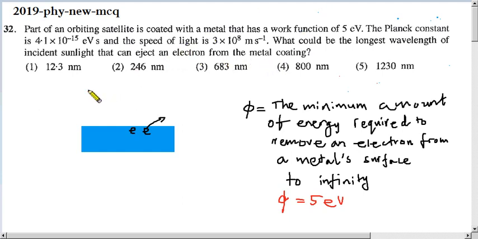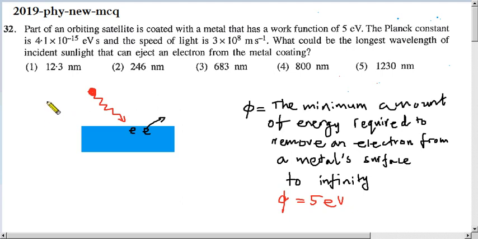When sunlight is incident on this surface, it has energy. We call a packet of energy a photon. We consider this wave as particles in this lesson.